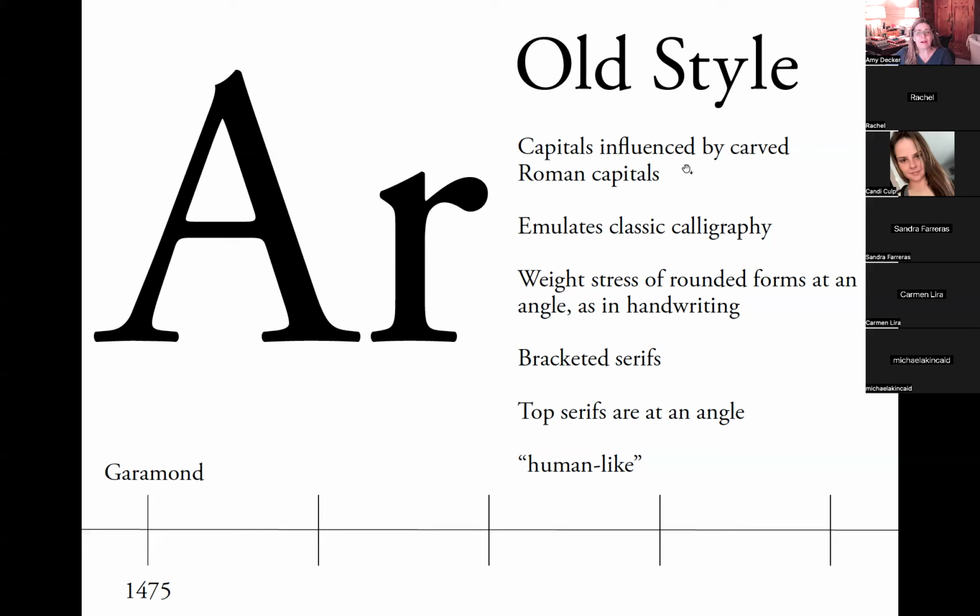They're influenced by carved Roman capitals. Remember, we had Trajan, the Trajan column. It emulates calligraphy. The stress is at an angle, like you would do if you were writing calligraphy by hand. We have bracketed serifs, and it's very human-like, right? It has a very human touch about it.